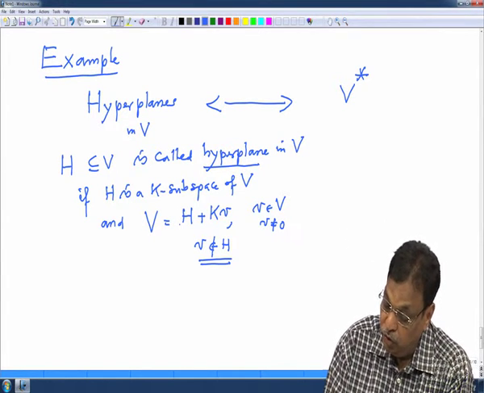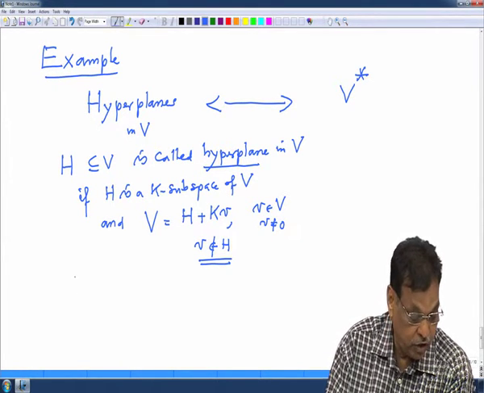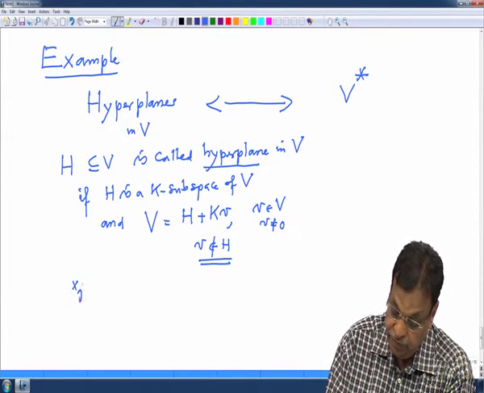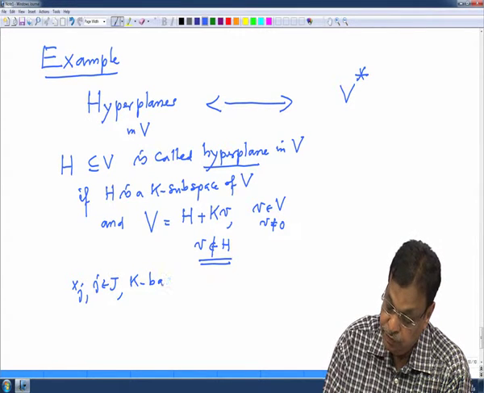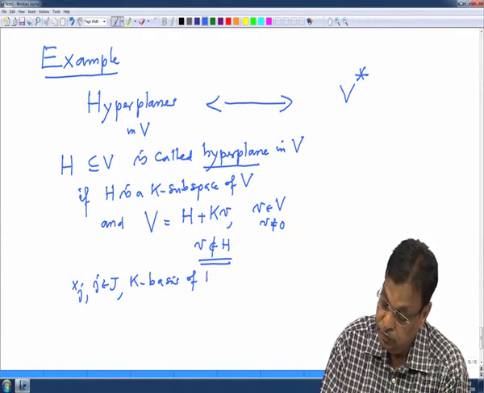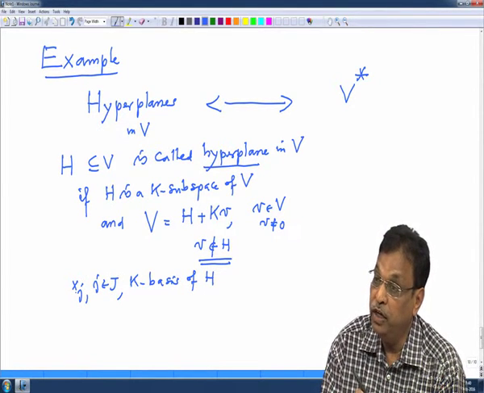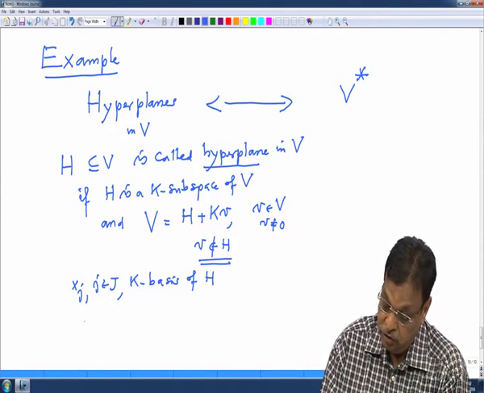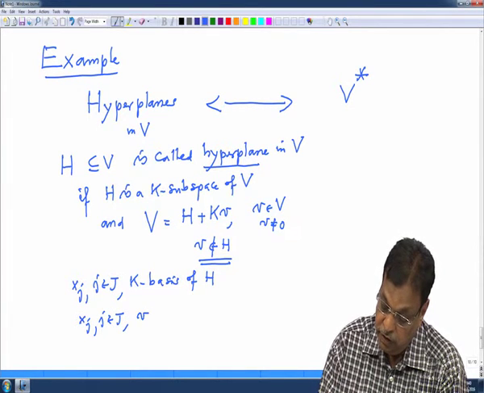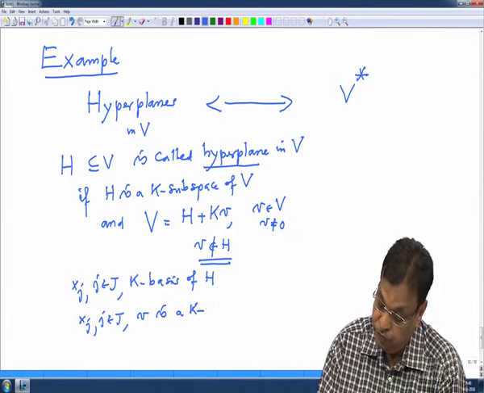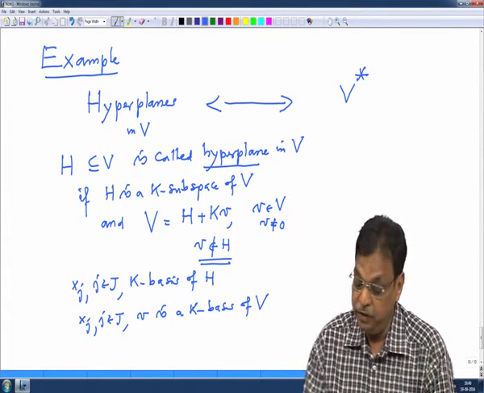The thing to think about is, because H is a subspace, you take a K basis of H, xj, j in J, and I need one more element extra, so that you get a basis of V. So that xj, j in J along with v is a K basis of V.